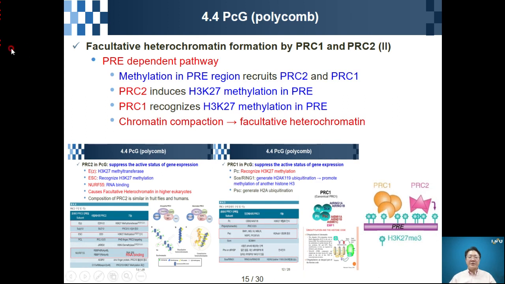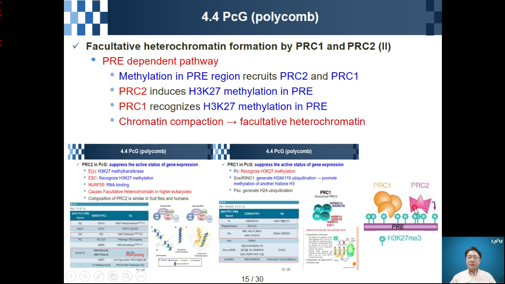The second pathway is also a PRE dependent pathway. Usually it starts with the PRE region being methylated. Some of the PRE regions are methylated. Methylation in the PRE region recruits PRC2 and PRC1.